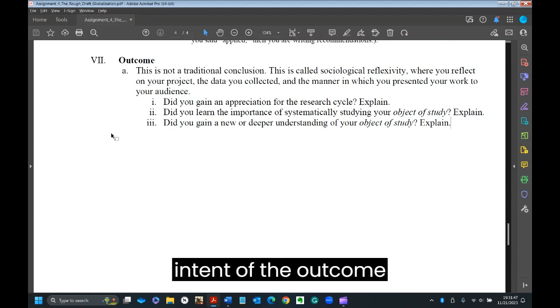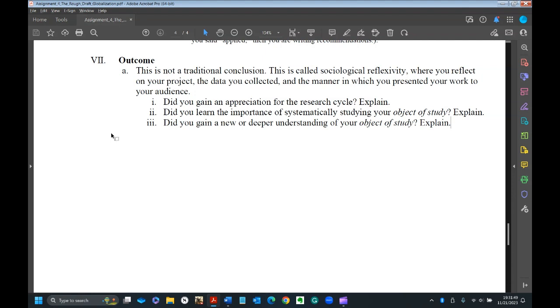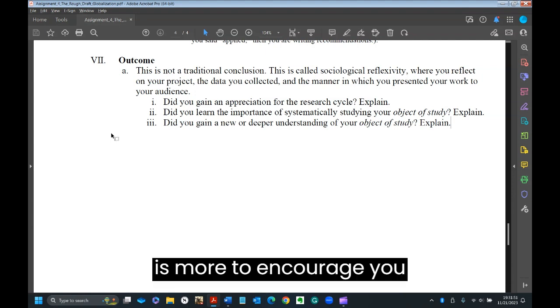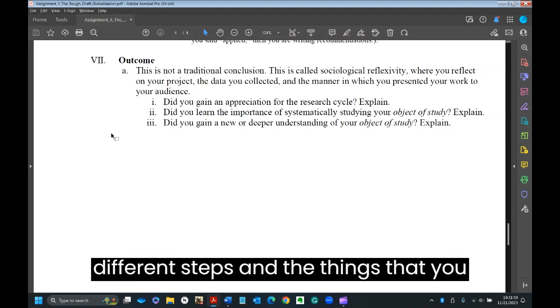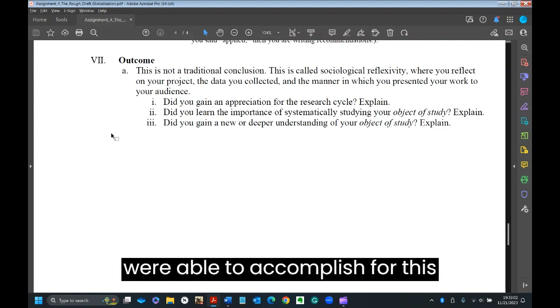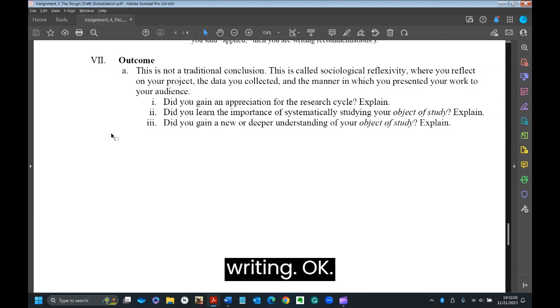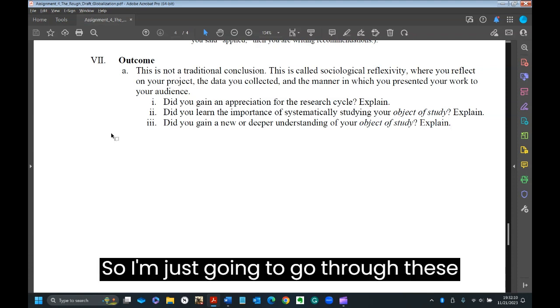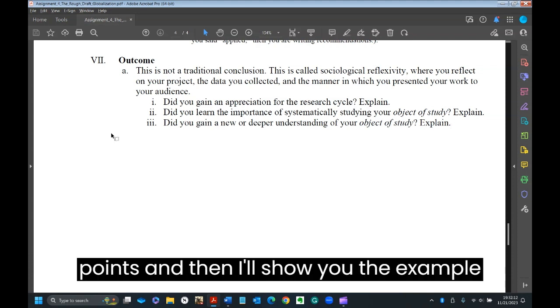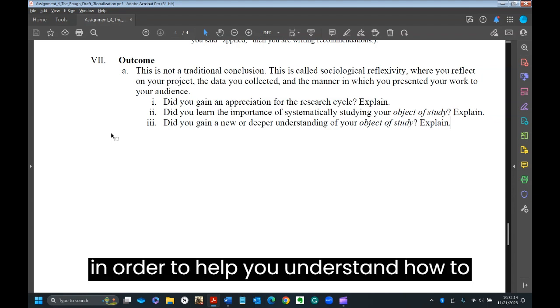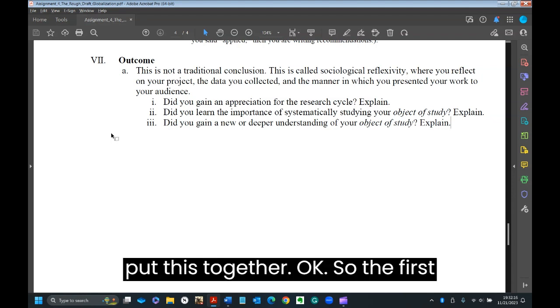So the intent of the outcome is more to encourage you as a researcher to take inventory based on the different steps and the things that you were able to accomplish for this particular type of research and writing. Okay. So I'm just going to go through these points and then I'll show you the example in order to help you understand how to put this together.